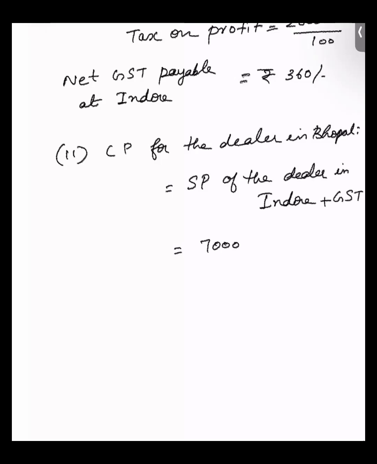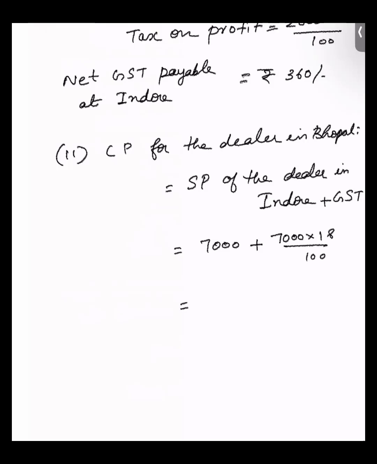So 7,000 plus the CGST and SGST components. Since they are not asking for CGST or SGST separately, you can directly do 18 by 100.